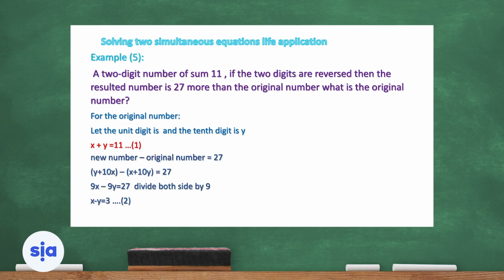Here in example 5, the question is telling me that the sum of the two digits in this number, the tens plus the units, is 11. Okay, let's write in a side like this.